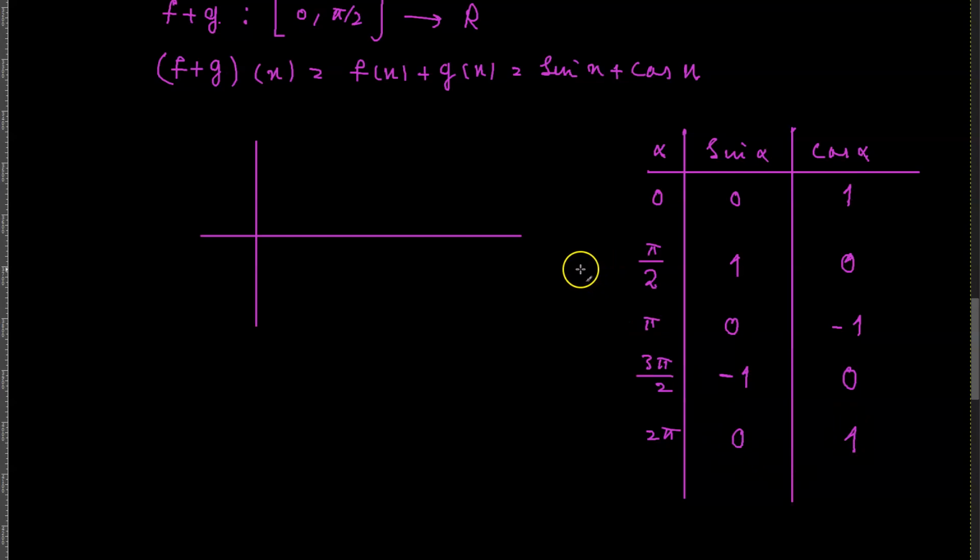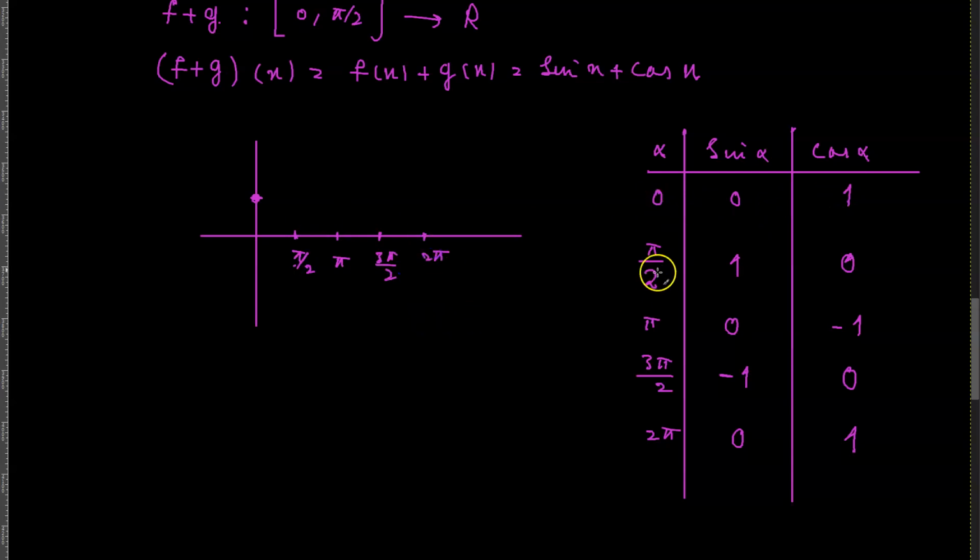Which means that the output of this function would be these two numbers added together. So at 0 your output is going to be 1. Let's say this is pi by 2, this is pi, this is 3 pi by 2, and this is 2 pi.